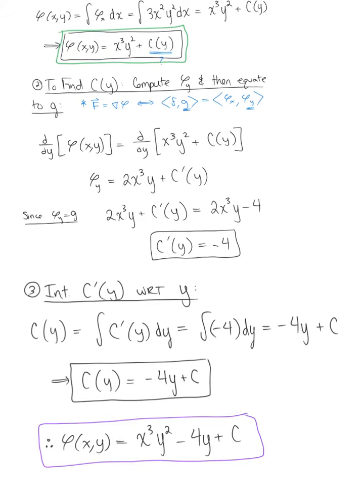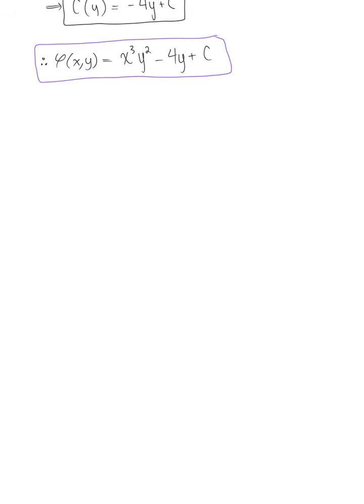And to make sure that we get this right, let's double check by differentiating. So we want to check our potential function by finding the gradient. That's a surefire way to make sure you get this question right.